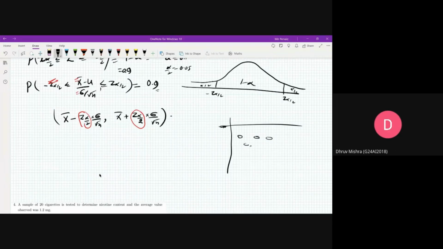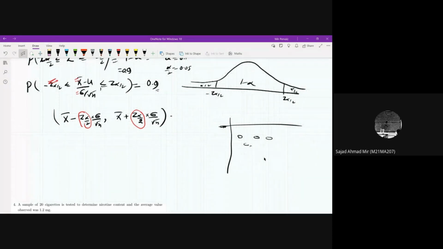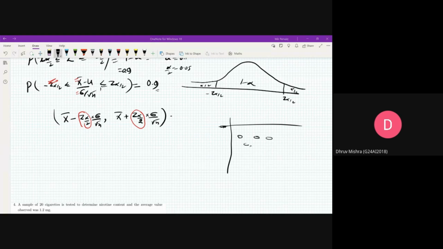If this table is also a two-tailed table, then we would take the alpha value as 0.1, similar to the t table. It depends on which table is given. Okay, let me show you the table.